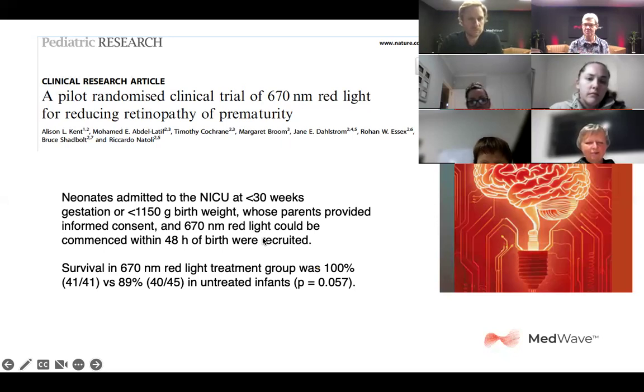But what was really interesting is that all the little neonates who got the red light in the treatment group survived, and they were severely premature. So they were less than 30 weeks old, and they were all less than 1.1 kilograms. So those are tiny little babies. So all of them who got the red light survived, as opposed to 89% who survived in the untreated group.